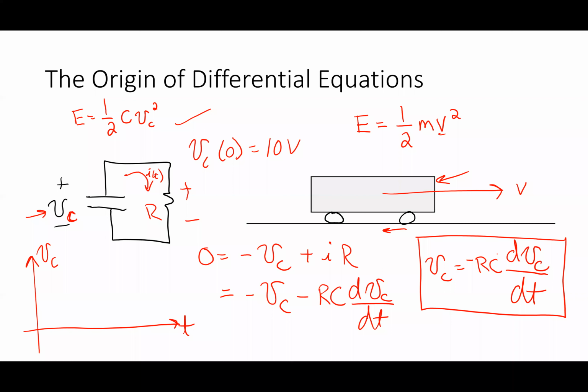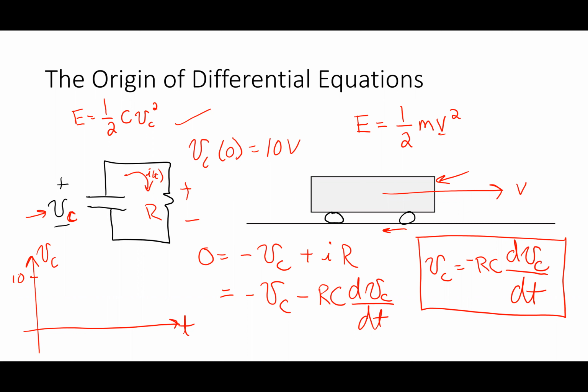So if I looked at the voltage here, you should know this, right? If I started at 10 volts, where does it end? 0. And what's it look like on its pathway there? Exponential decay, right?